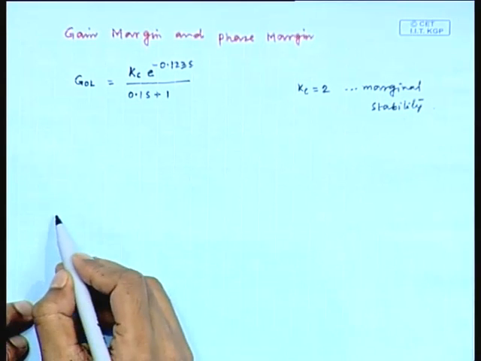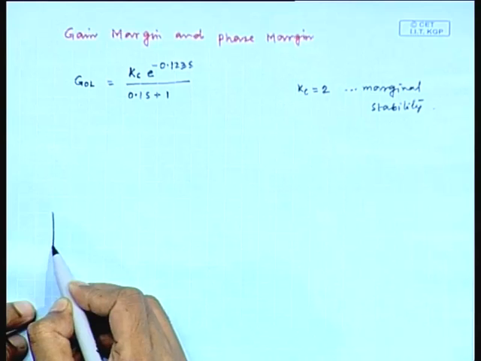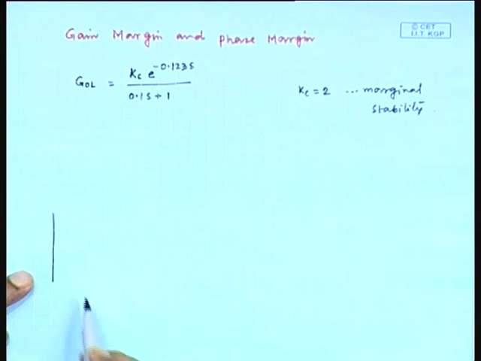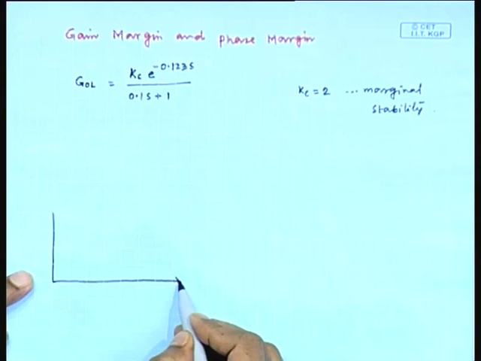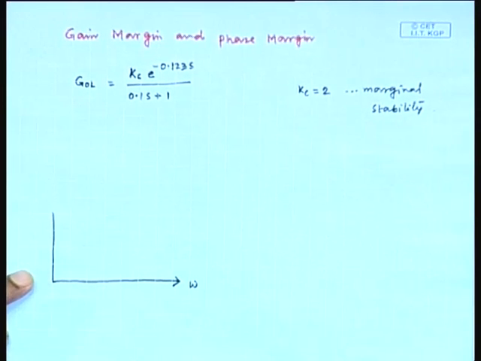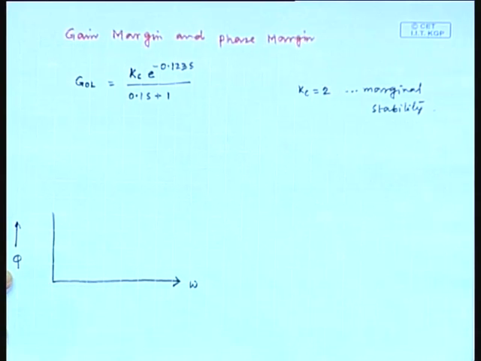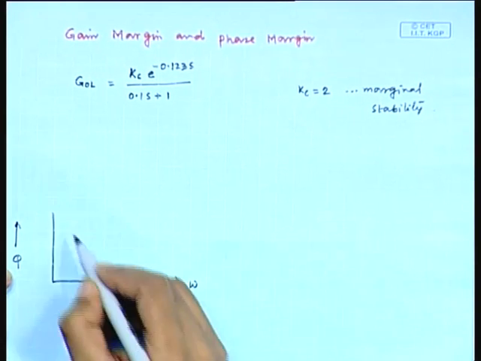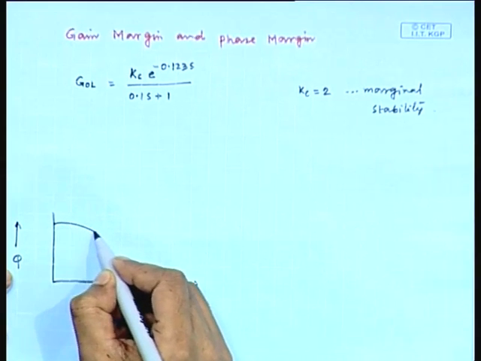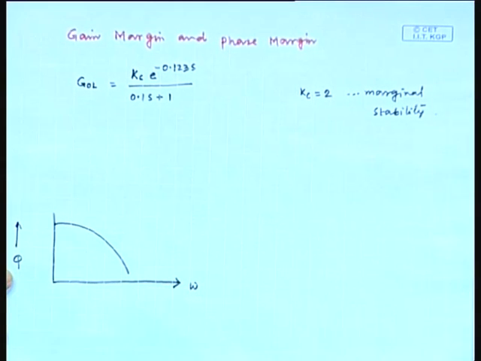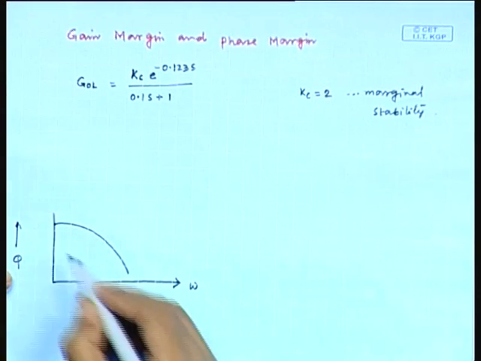We developed in the last class the Bode plot like this. This is omega, this is phi, and this is a semi-log graph paper. Suppose this is the phi versus omega plot in semi-log graph paper.